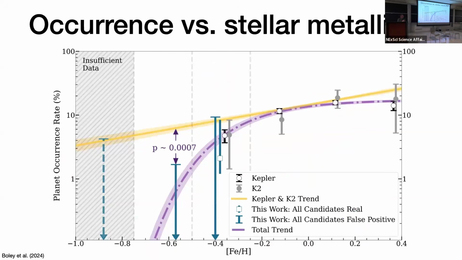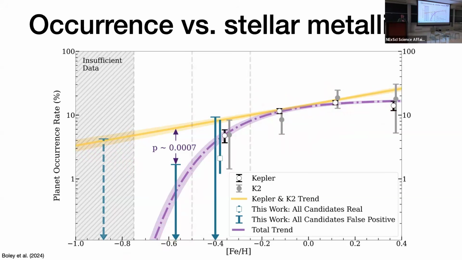A more recent result from the TESS survey by Bowley et al. in 2024 extended this work to even lower metallicities than the earlier studies, and argued that the observed occurrence based on TESS observations of a wide range of metallicities leads to a lower occurrence at these low metallicities than you would have expected by extrapolating the results from higher metallicities. So naturally, they described this as a metallicity cliff, that there seems to be some critical metallicity below which occurrence falls off the cliff.